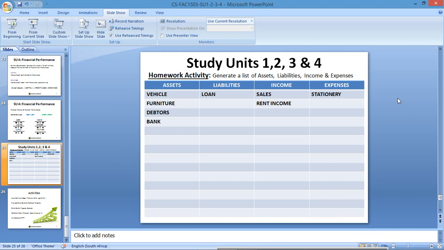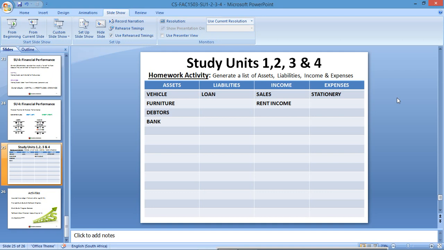Buying stationery is considered an expense, not an asset. Why not? Correct, future benefits.